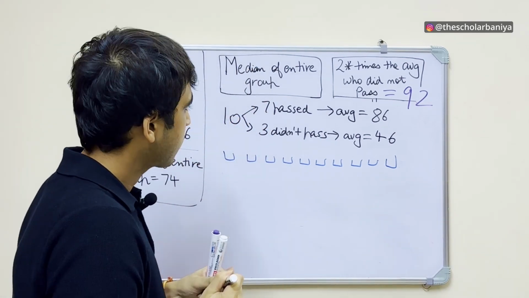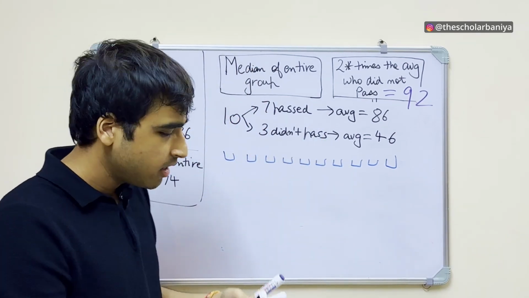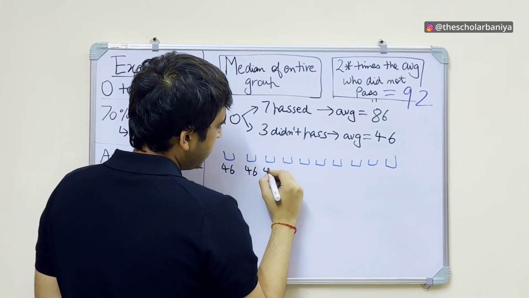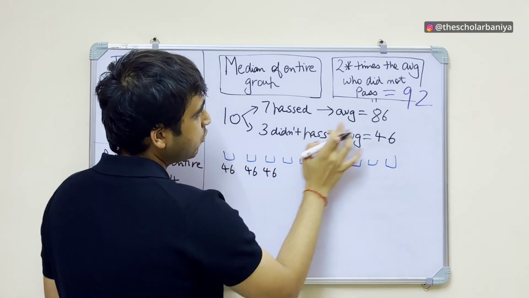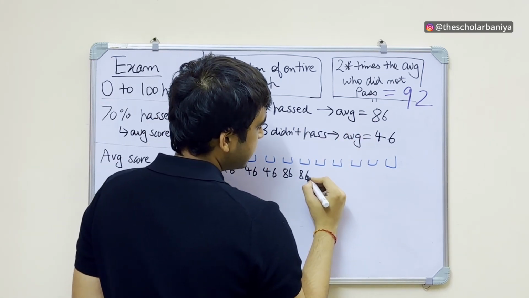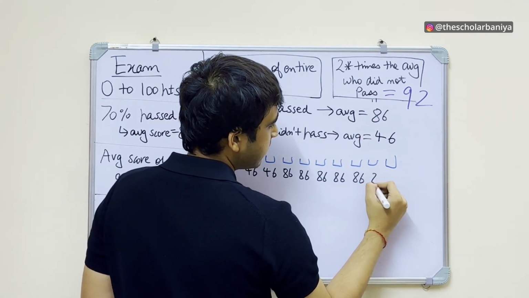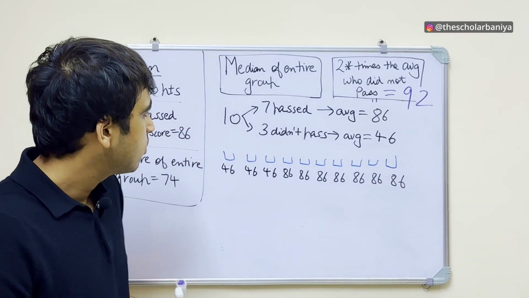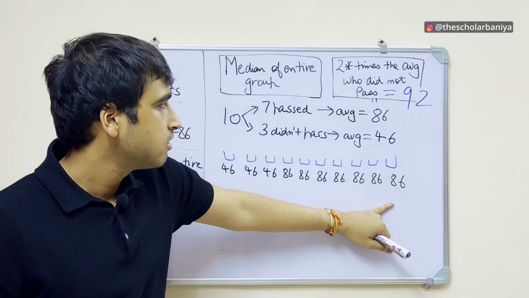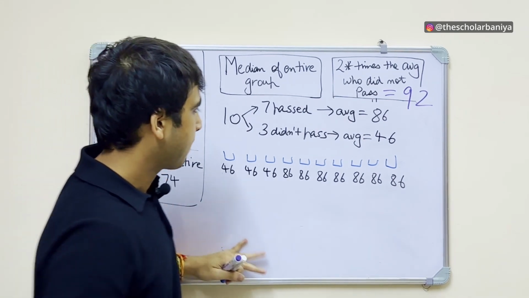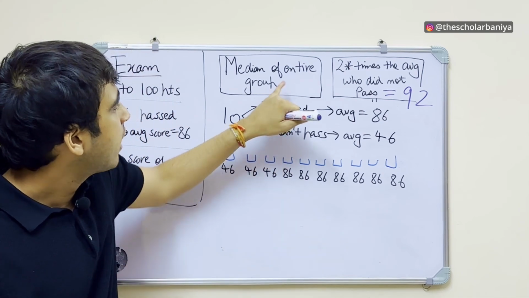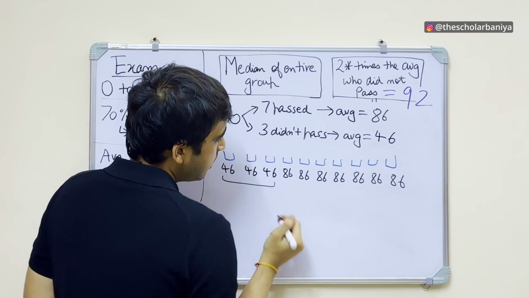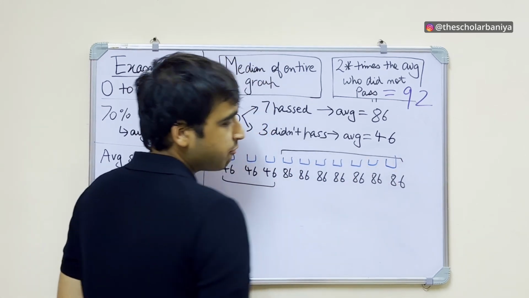The 3 students did not pass the exam, so we can say this is 46, 46, 46, and the 7 students passed, so we can say the average score is 86 for each of them.